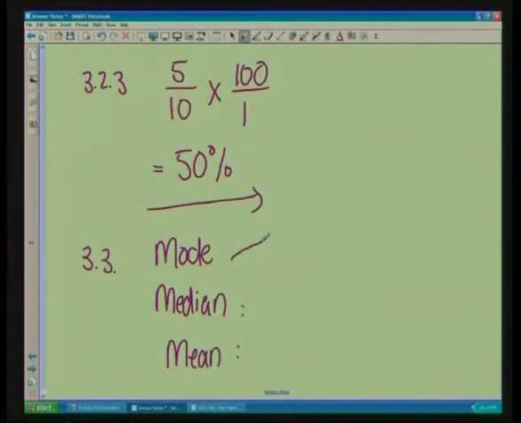This one we're not dealing with. If you had to, you'd have to pick the number that occurs the most often, but we're not dealing with that one because it's not part of the question. The median, which we've now calculated, was 22.5 degrees Celsius. And the mean they've given to us as being 25.6 degrees Celsius.